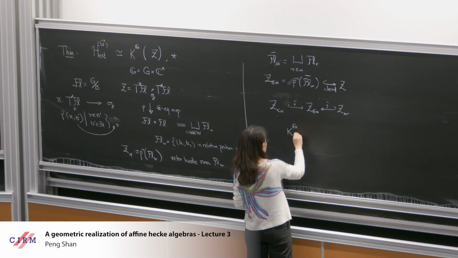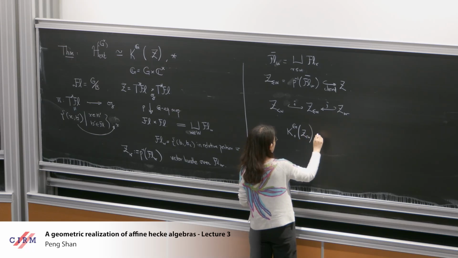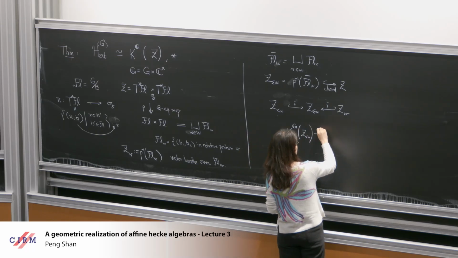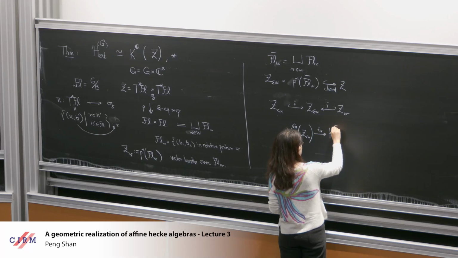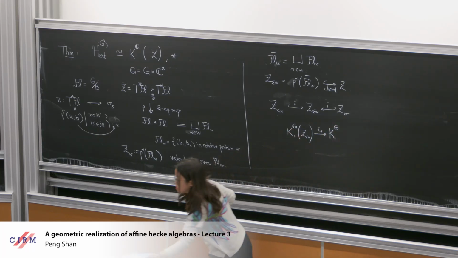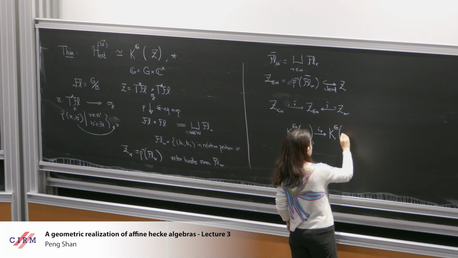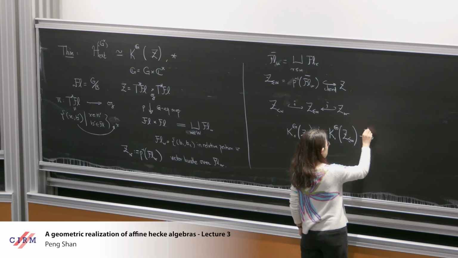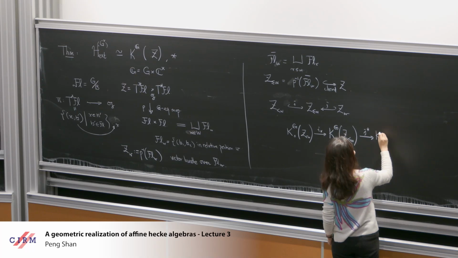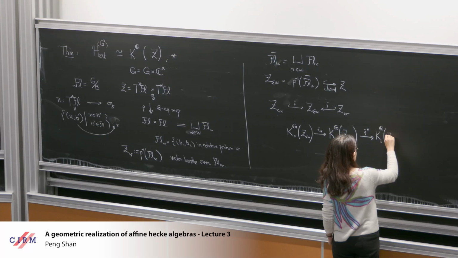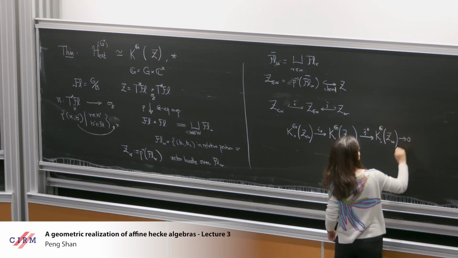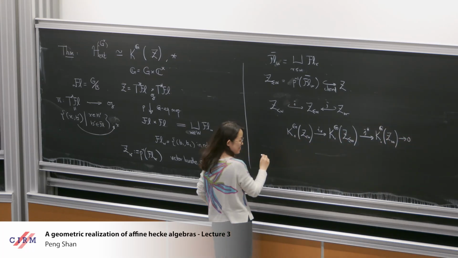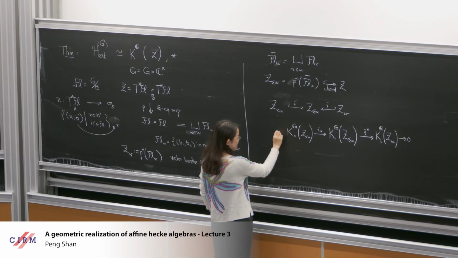So K^G_0 of Z_{≤w}, and then you pull back to K^G of Z_w. And as I was told last time, I made a mistake, and I indeed made a mistake.